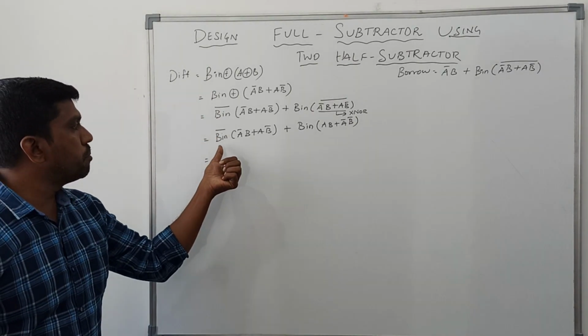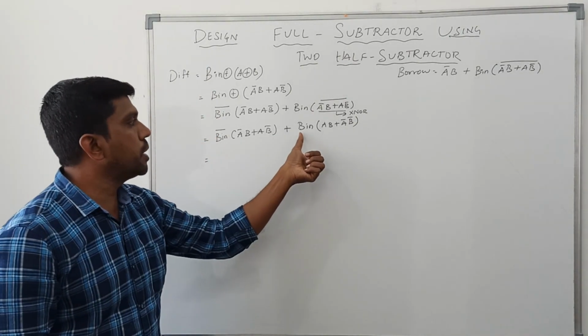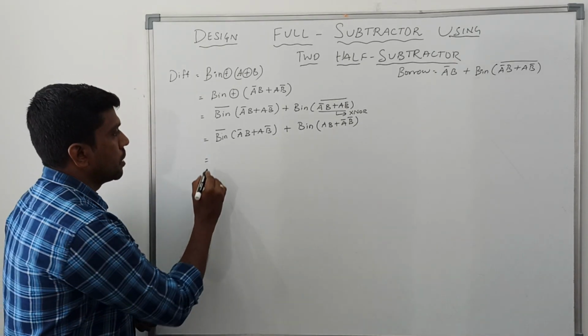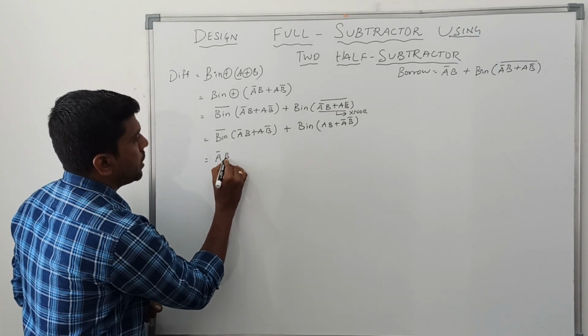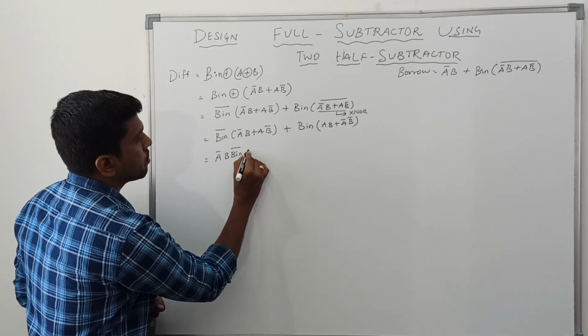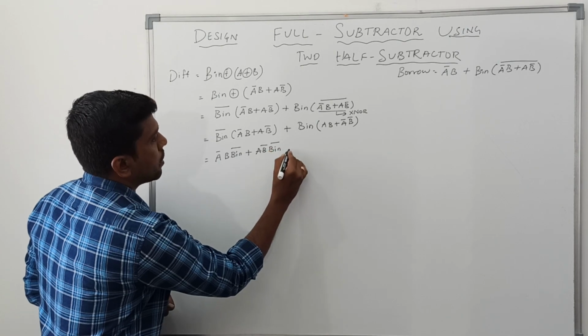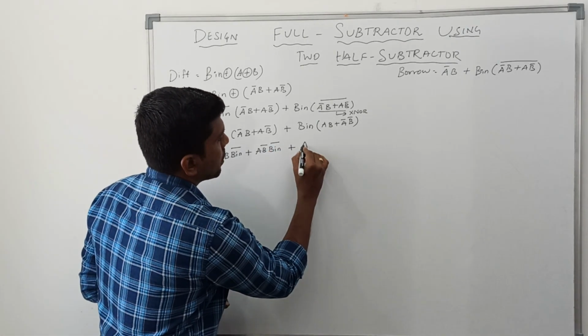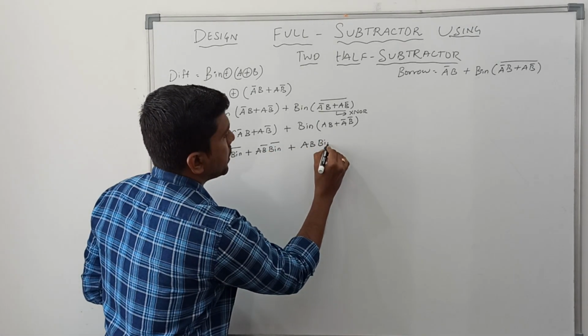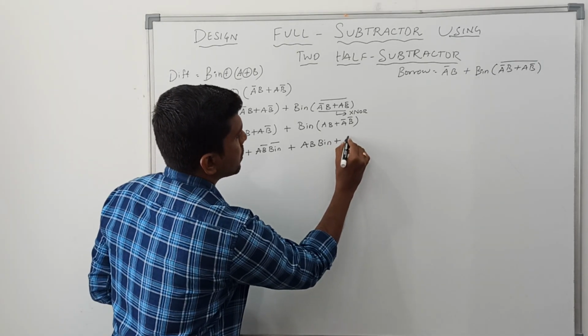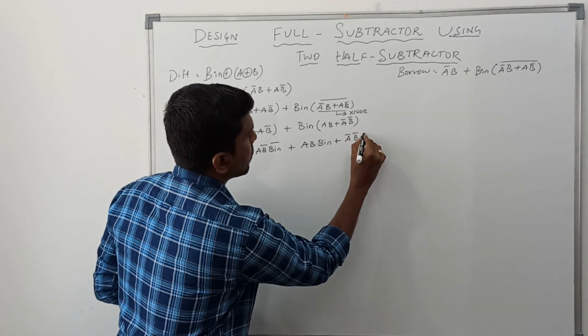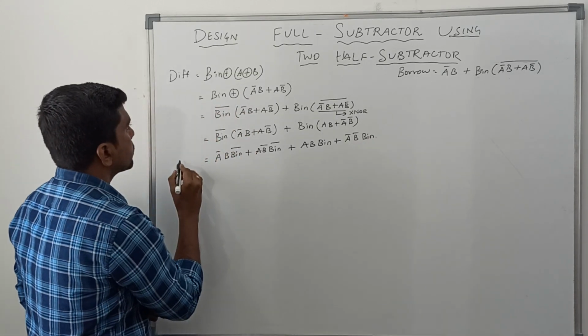Now I multiply B in bar with this term and B in with this term. So A bar B in bar plus A B bar B in bar plus A B in plus A bar B bar B in.